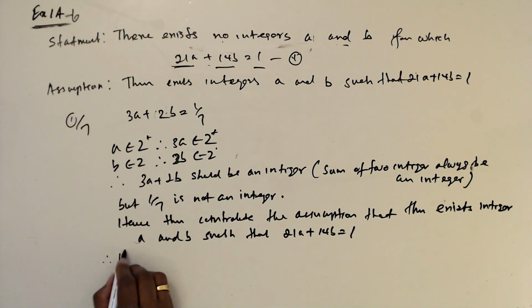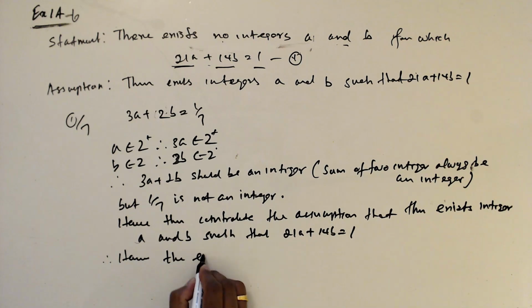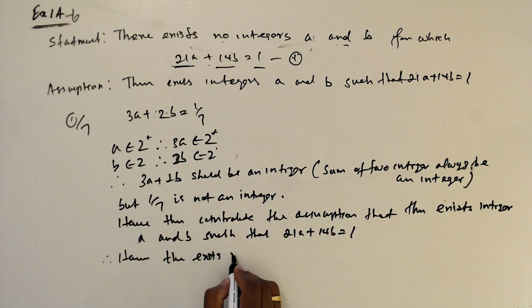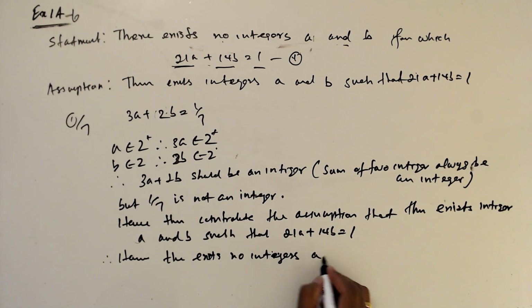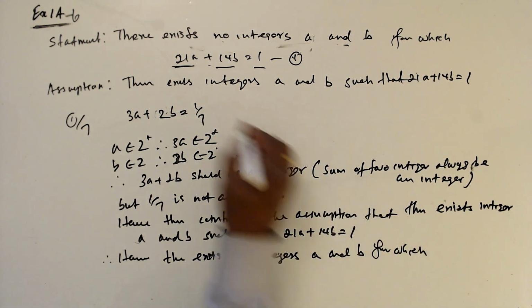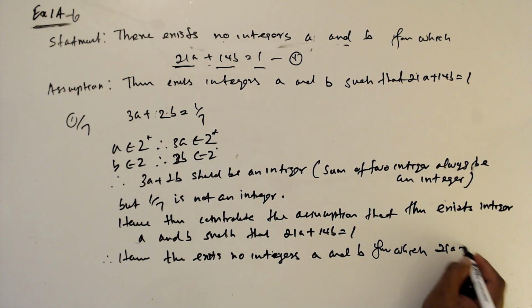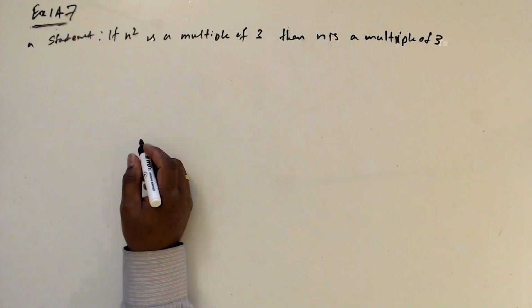Hence, there exist no integers a and b for which 21a plus 14b equals 1.